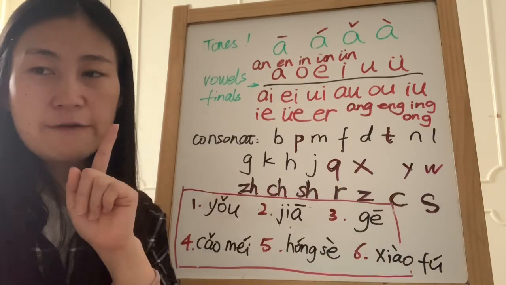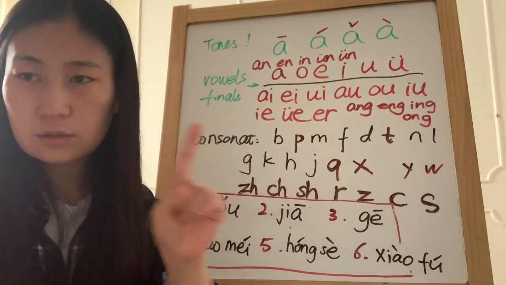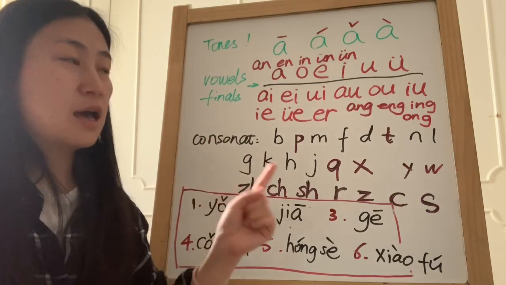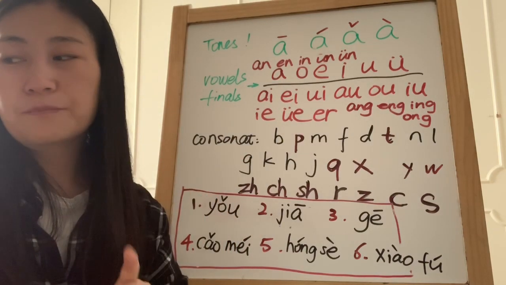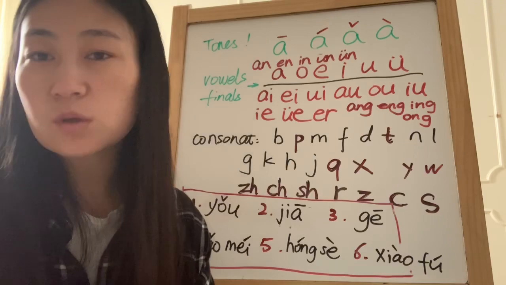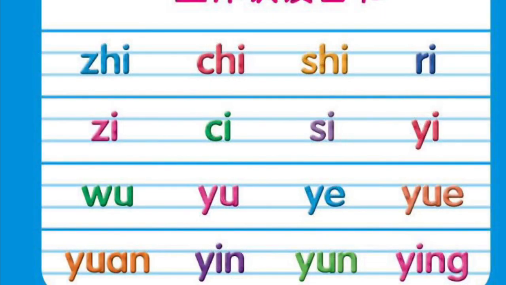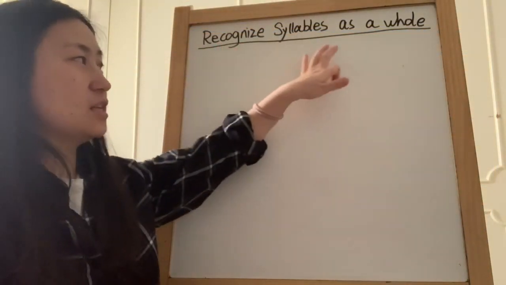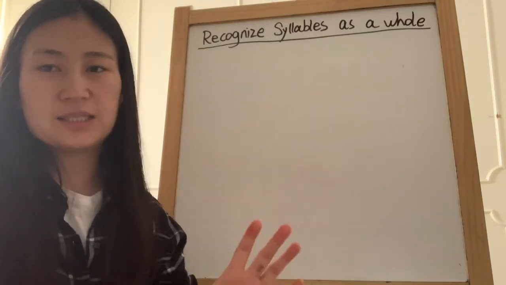But we have a group of syllables that we never spell, because they don't sound the same as when we're spelling the words. They are recognized as a whole, okay?